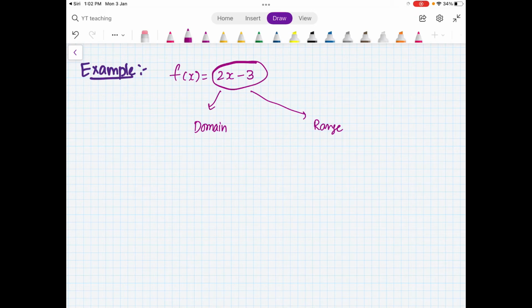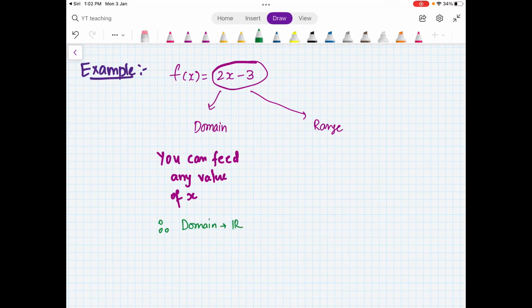So here when you have 2x minus 3, there is no restriction because there is no square root, there is no denominator, so we can put any value of x. You can feed any value of x in your machine. Therefore, the domain is all real numbers.